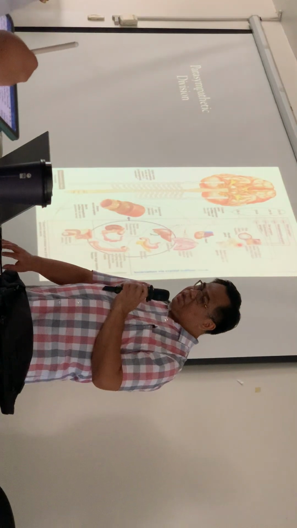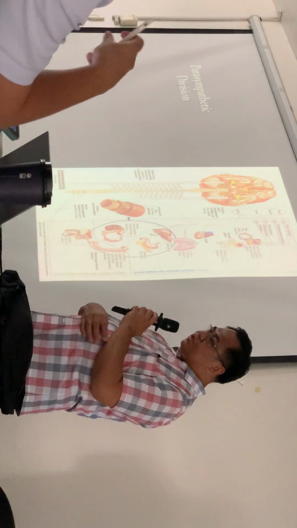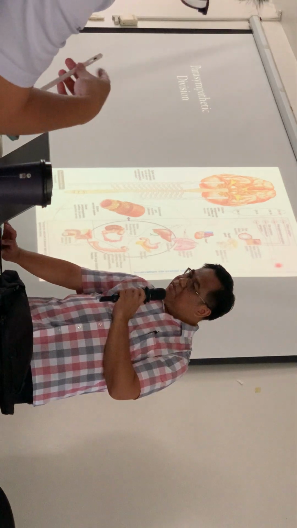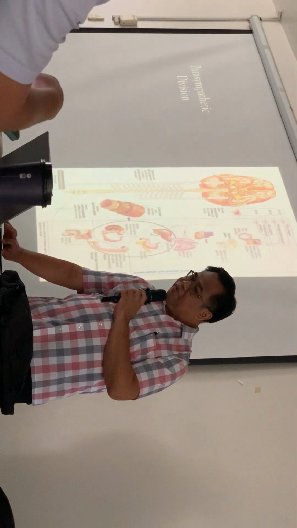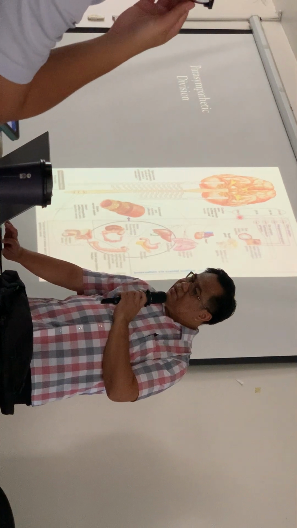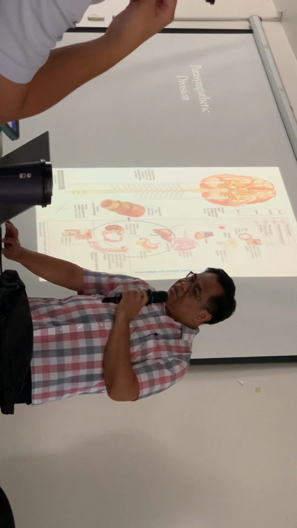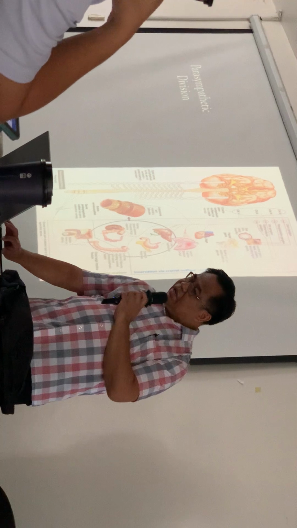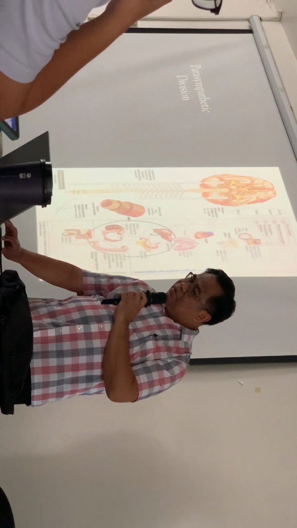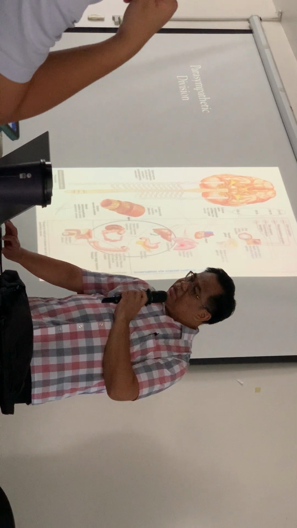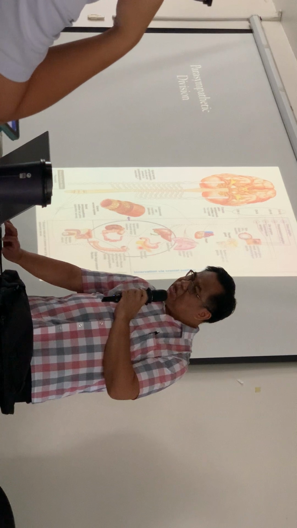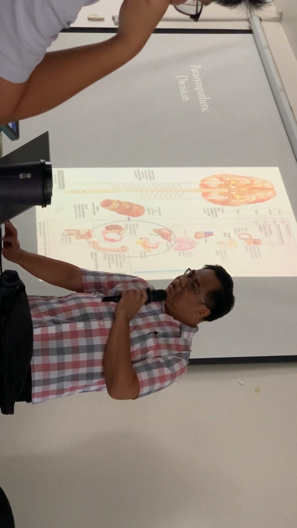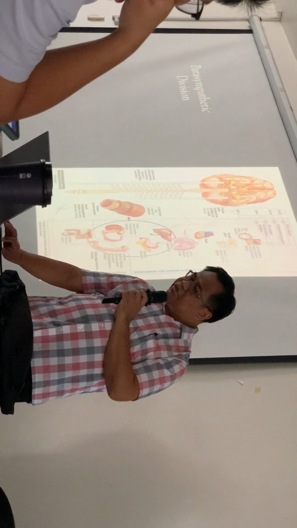One very important part of the parasympathetic nervous system is the vagus nerve. You can see the vagus nerve here. It sends its signal down to the different ganglia in the walls of the organs: the ganglia in the heart, in the lungs, in the GI tract, in the genitourinary tract.